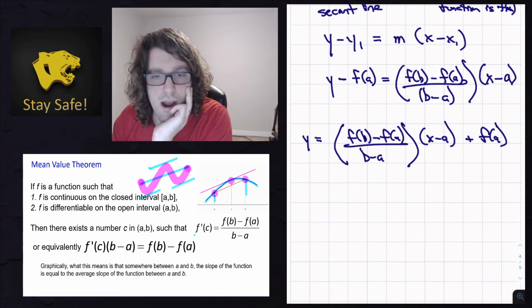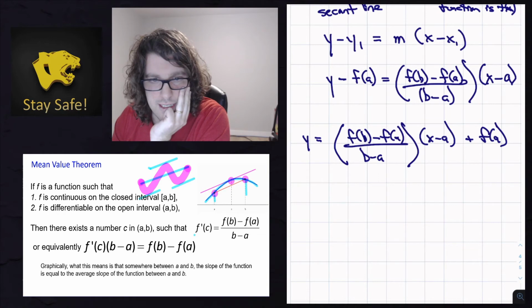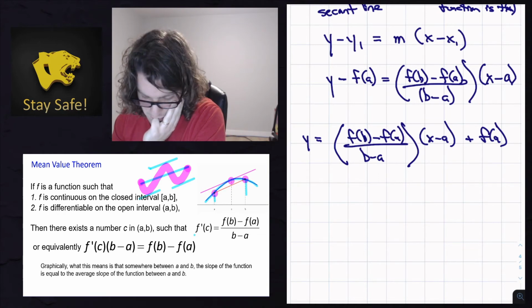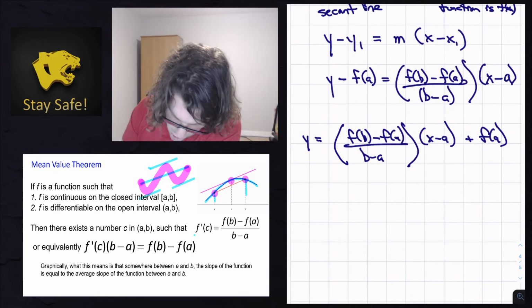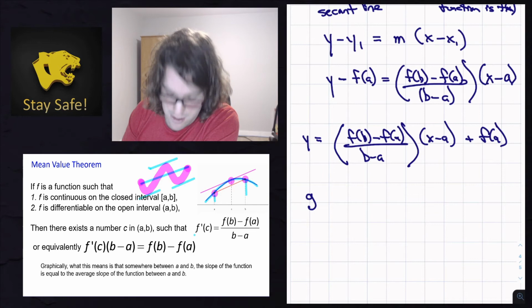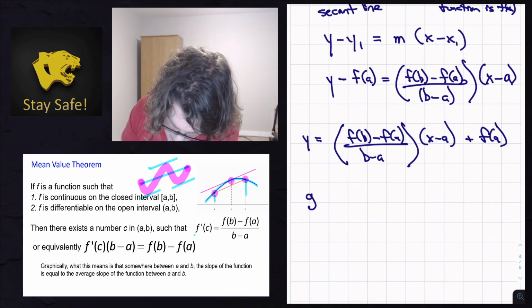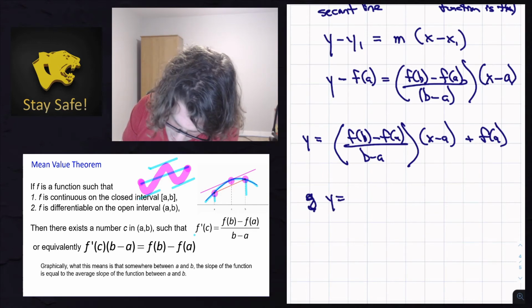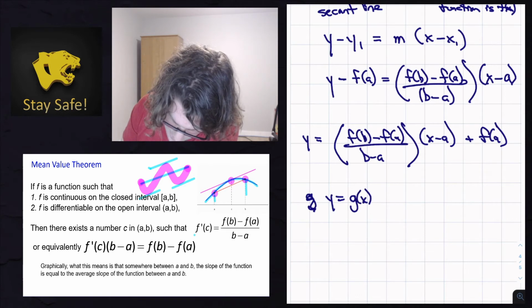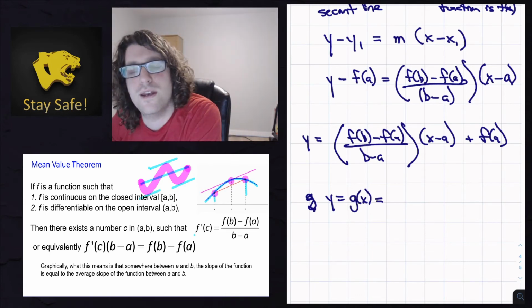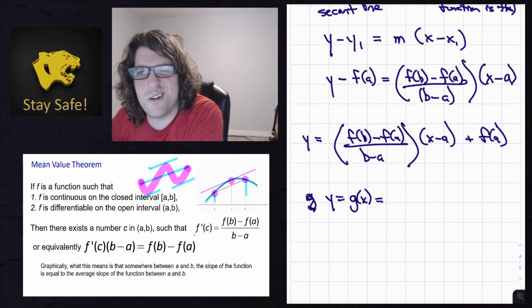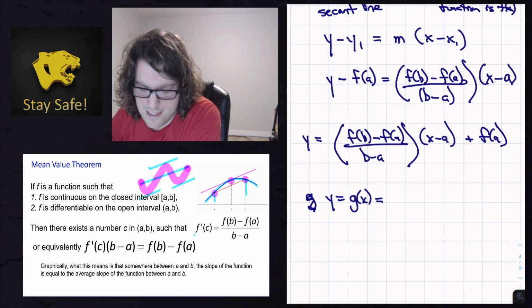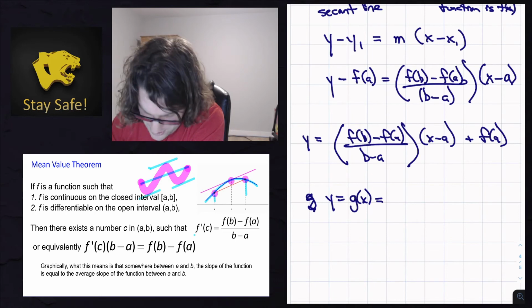All right, so I'm going to say that this y value that I have in this particular equation, I'm going to call it g. So I'm just going to rename y as g of x, and the reason is because I want to evaluate it at two different positions, and it's easiest to do that using function notation.